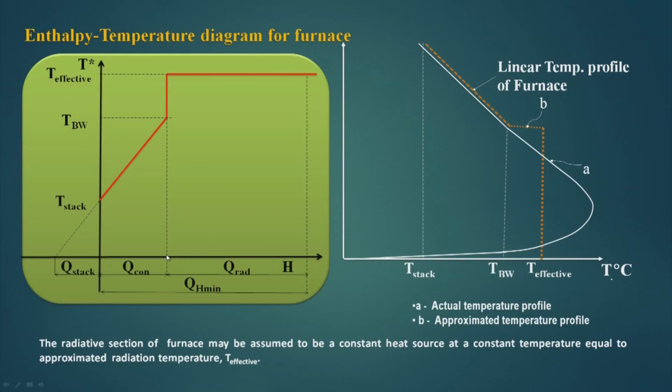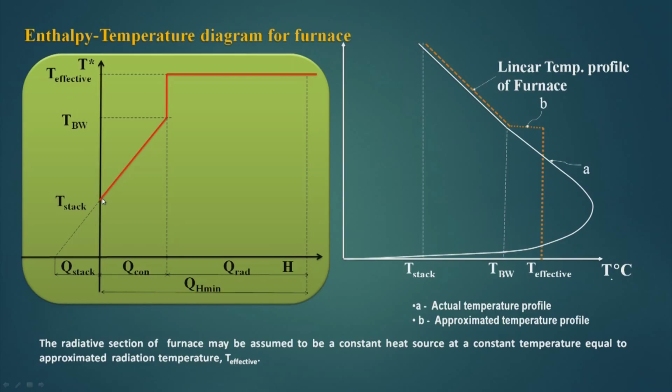So, in the radiation section this gives this much amount of heat, Q radiation, and the convection section gives this much amount of heat, which is called Q convection, and this is the amount of heat which is called Q stack, that means stack losses.